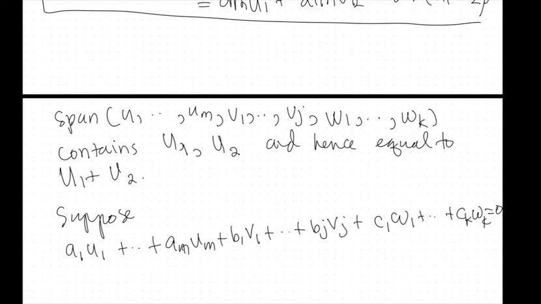We need to show that the A's, the B's, and the C's are all equal to 0, where the coefficients are all in F. Here the indices are index sets, and we need to show that these are all 0.